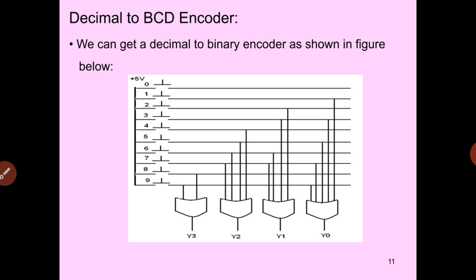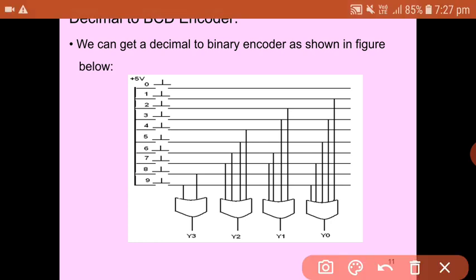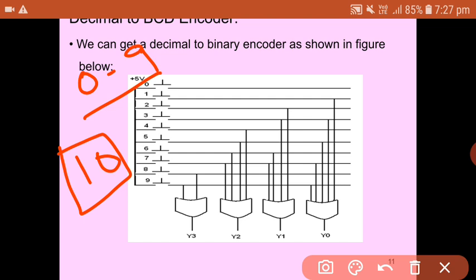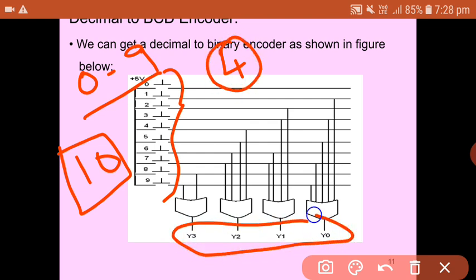So decimal to BCD means how many decimal numbers are there? Decimal numbers are from 0 to 9. That means I need to have 10 push button switches, starting from 0 to 9, and correspondingly how many outputs do you need? Minimum 4 outputs. That's why I have considered 4 outputs: y0, y1, y2 and y3.